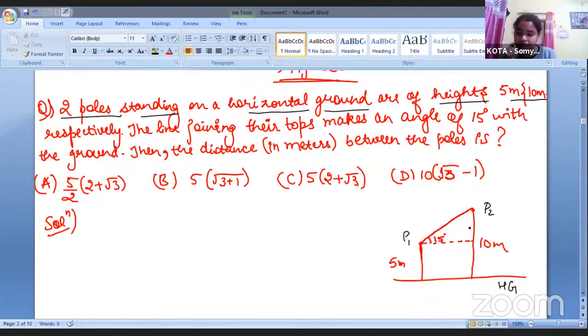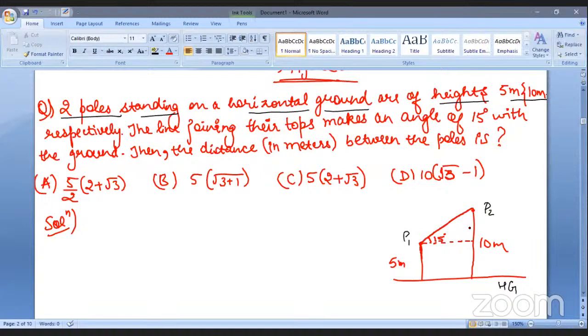No. We cannot do that. See, poles are given. Poles are there on the horizontal ground. It is given in the very first thing in the question. So we cannot do like that, I think. Ma'am, we can extend the P1 line to the ground.